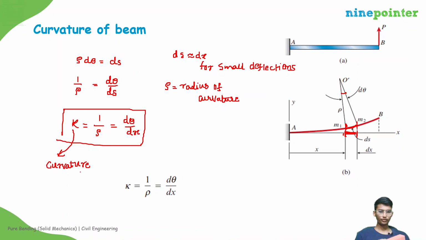Let us draw one diagram to understand this. Consider this is the initial beam without deflection. After deflection, it becomes something like this.